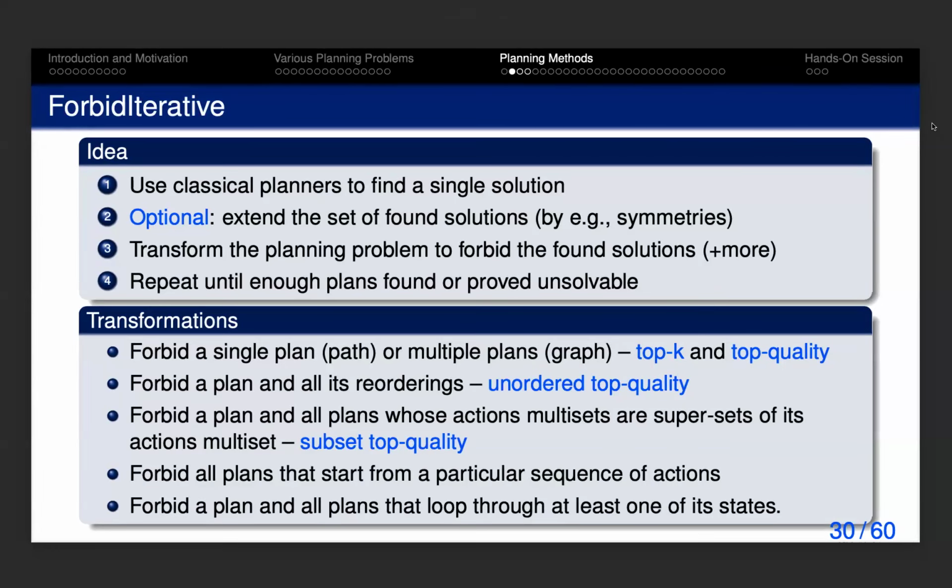Then there is a transformation that we introduced this year, which corresponds to the loopless relation that I have shown you before, and that forbids a plan and all plans that loop through at least one of the states of the given plan.